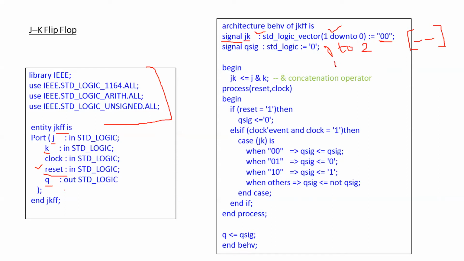Similarly here, 1 down to 0, it can count up to 1 and 0. So this is value 1, this is value 0. So it is an index value. Whenever we call JK1, it will return the value at this particular position 1. Similarly, if I call JK 0, it will return the value at this particular position. So it is nothing but indexing.